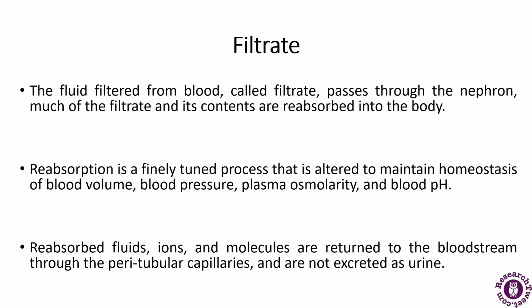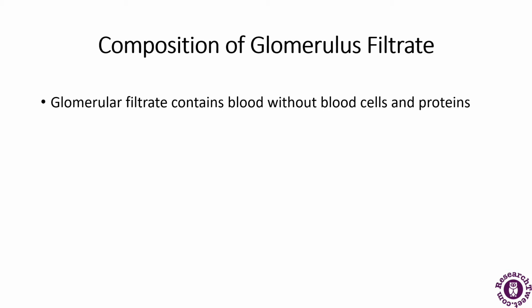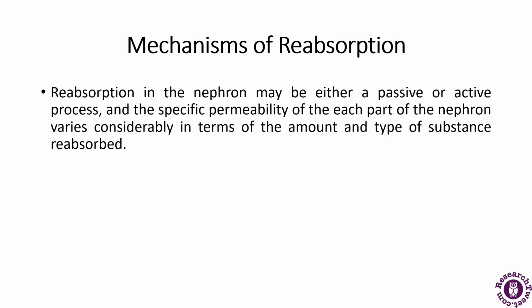So what is the mechanism of reabsorption? Reabsorption is the process in the nephron that can be either active or passive, and the specific permeability of each part of the nephron varies considerably in the amount and type of substance being reabsorbed.